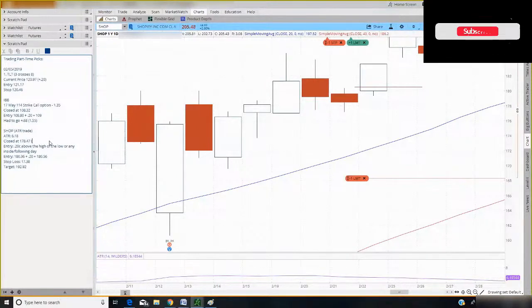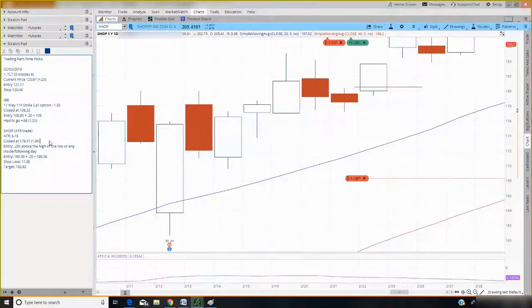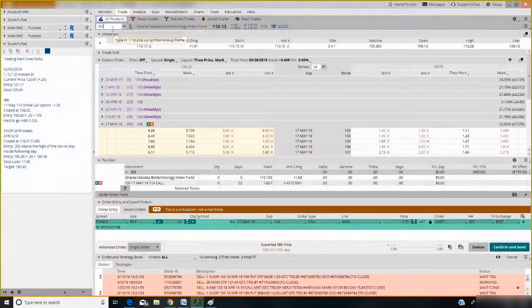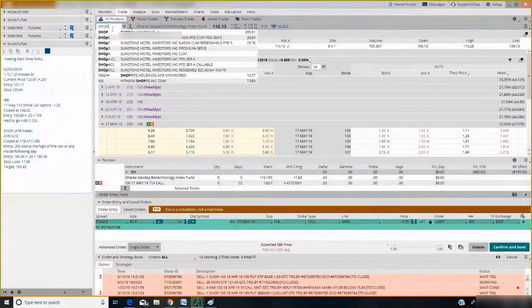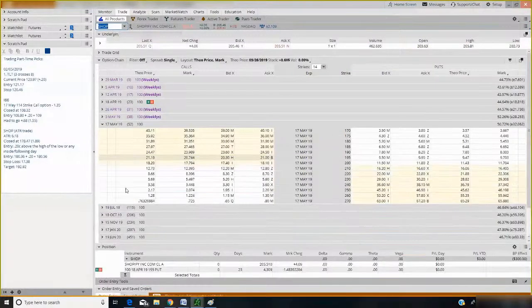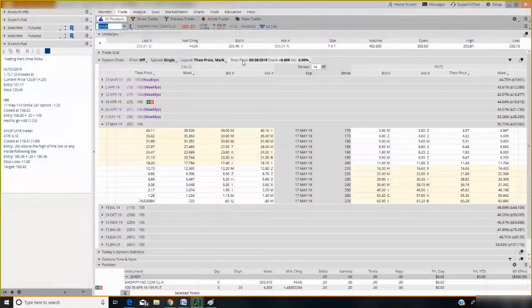That means that Shopify has to go up $1.89. That's what it has to go up to trigger us. So going back to the order, you would have said Shopify. Now, you are going to buy.